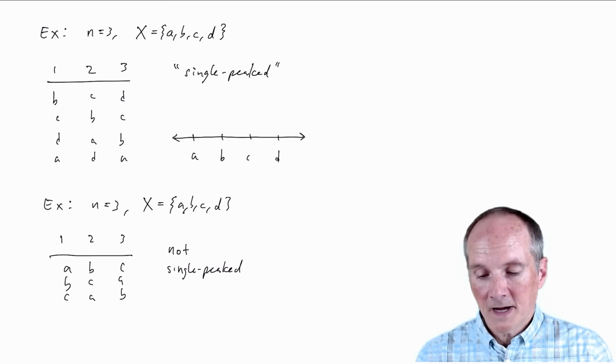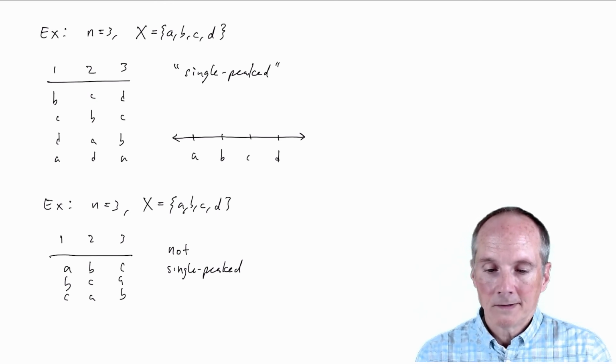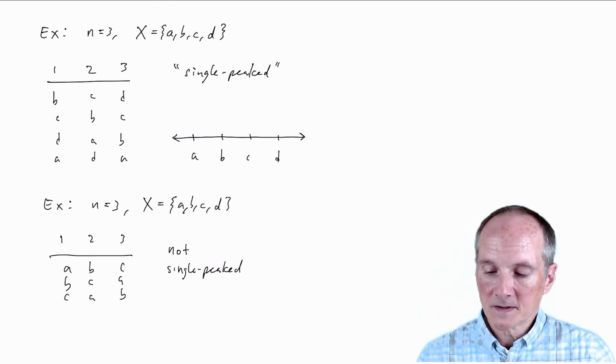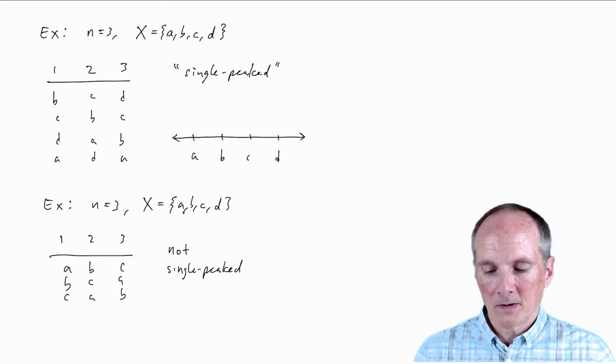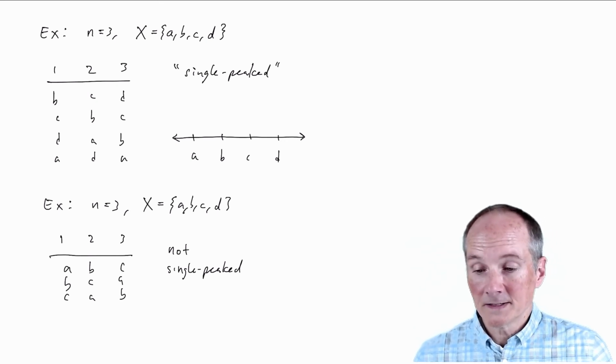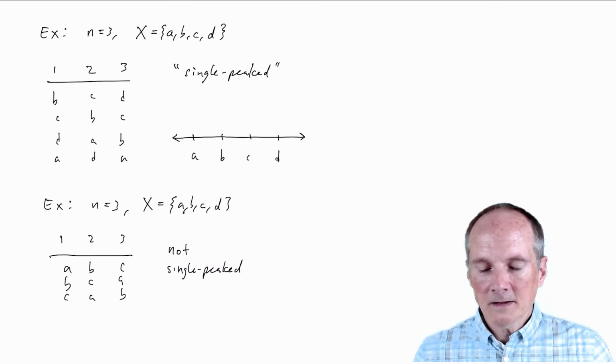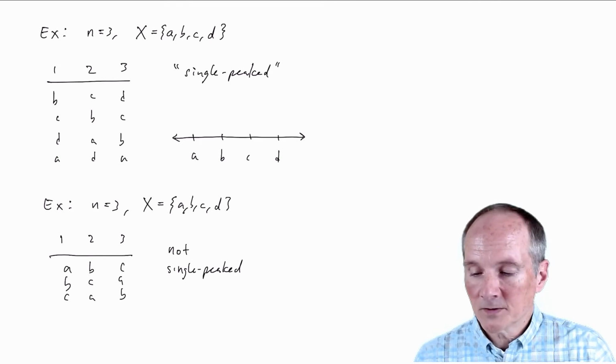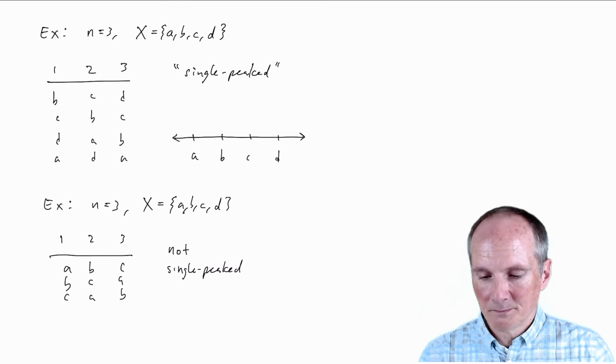Okay, so I've said a lot about majority voting, Euclidean preferences, single-peak preferences. You get the idea. This model has a lot of structure. We can get a lot out of it. It's a nice model to work with. It's been applied many, many times.